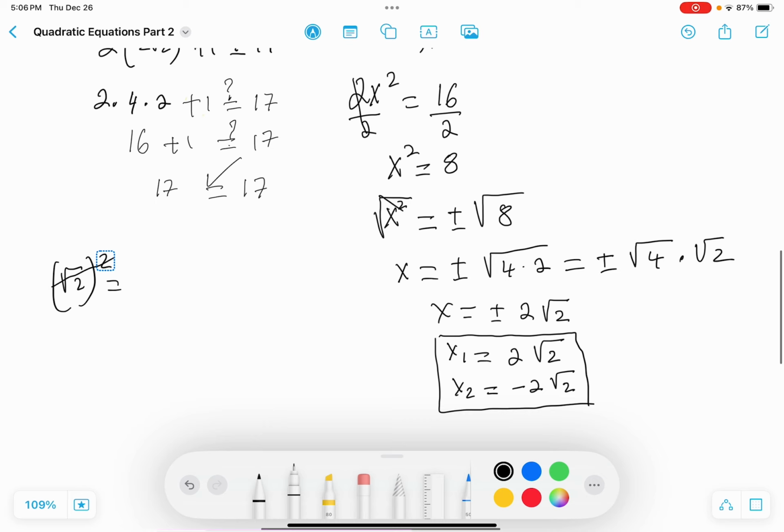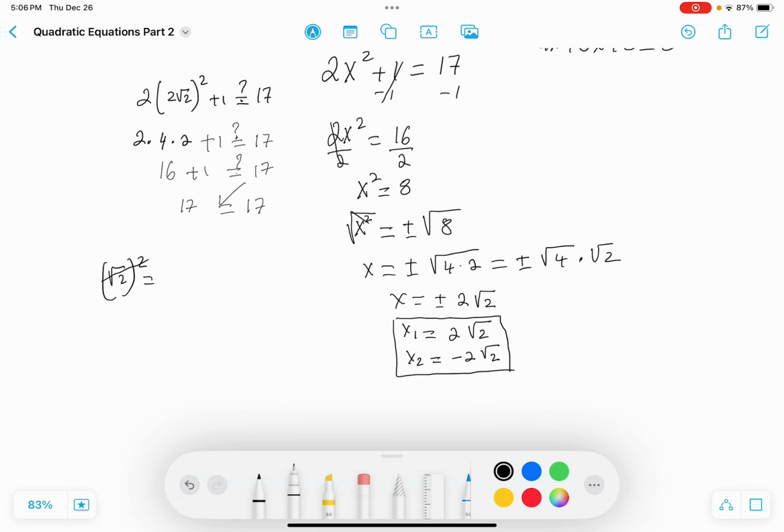Now, how about if I check the second solution? Again, I'm going to plug it into the equation. It's 2 times x squared. In this case, I have negative 2 square root of 2 squared plus 1 must be equal to 17.